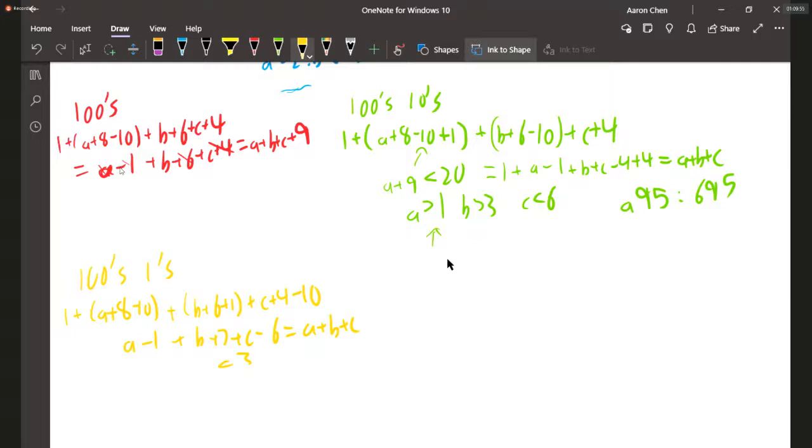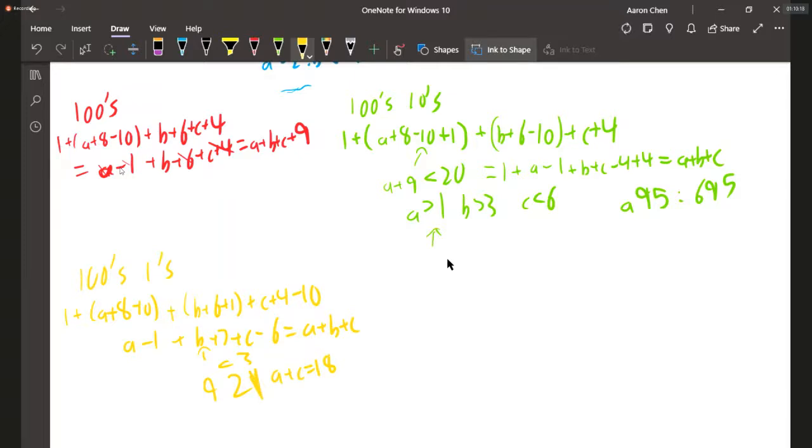And the reason it's less than 3 is because the 10th digit is now b plus 7. And so the 10th digit is at most 2. And when the 10th digit is 2, you have that a plus c is equal to 18, and that already forces it to be 929.